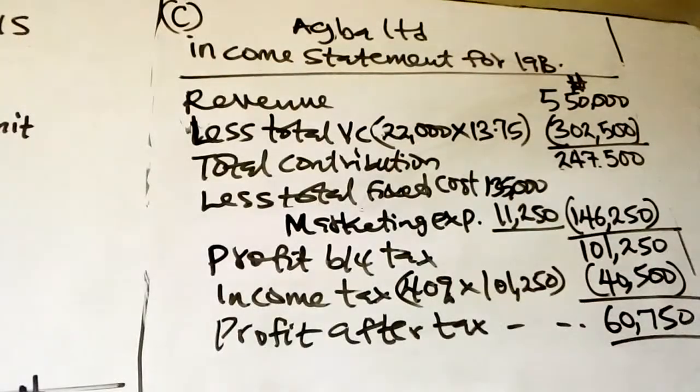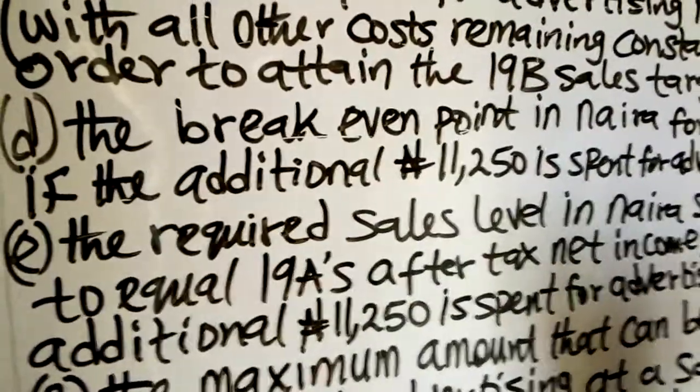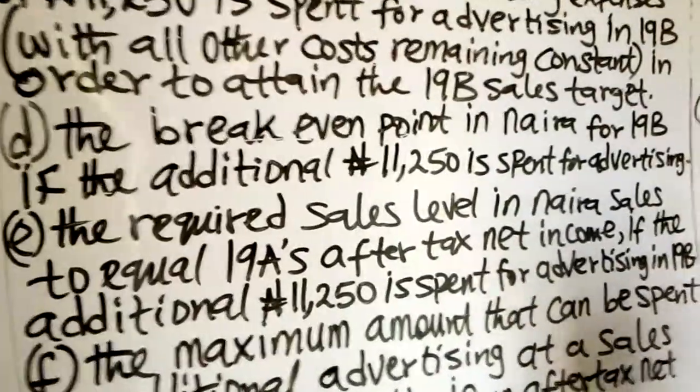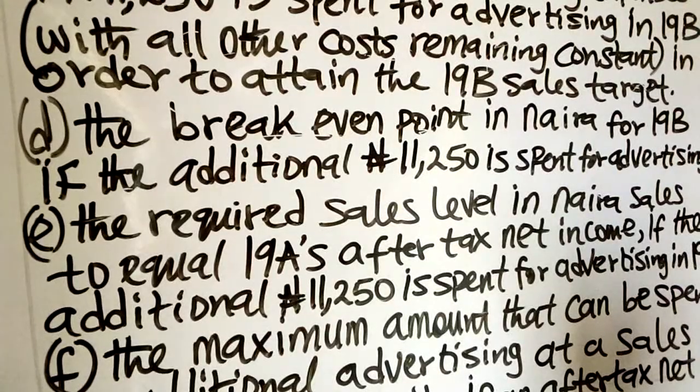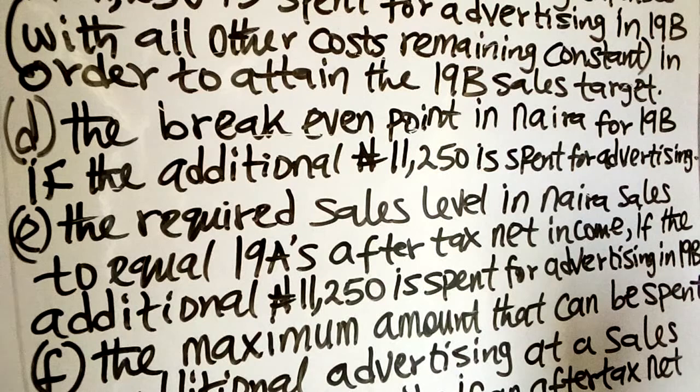Then requirement D now. Back to the question. In requirement D, you have to calculate the break-even point in Naira for 19B, if the additional 11,250 is spent for advertising.